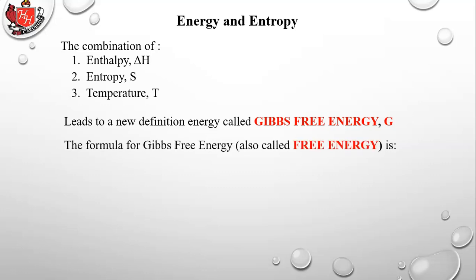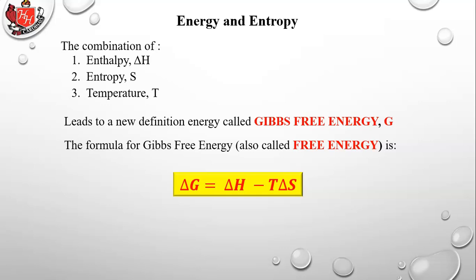The formula for Gibbs free energy, also called free energy, is delta G, that's the Gibbs free energy, and delta means the change in, equals the change in enthalpy minus the temperature times the change in entropy. And we're going to spend the next couple of days just studying that equation and how it works.